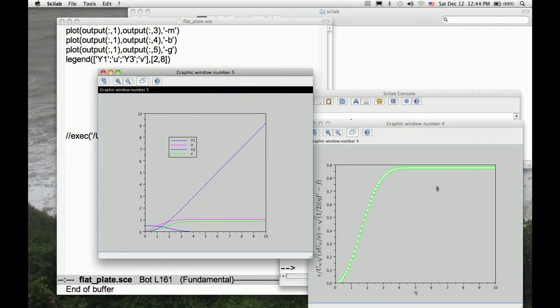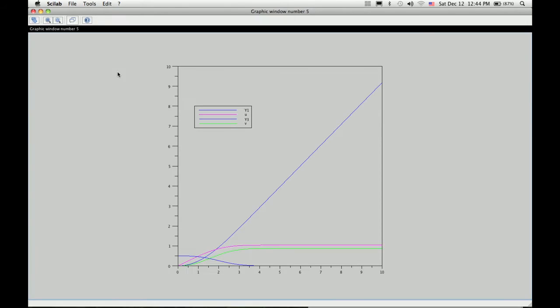Then look at this, okay. So if I plot this all together, we have several plots here. I've plotted basically all of them together, okay. The pink one is essentially the u velocity, then the green is v velocity, and there are the blues.